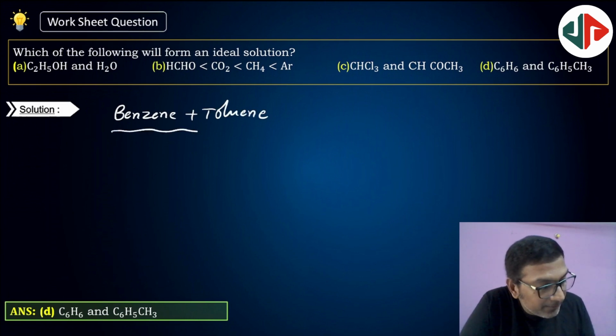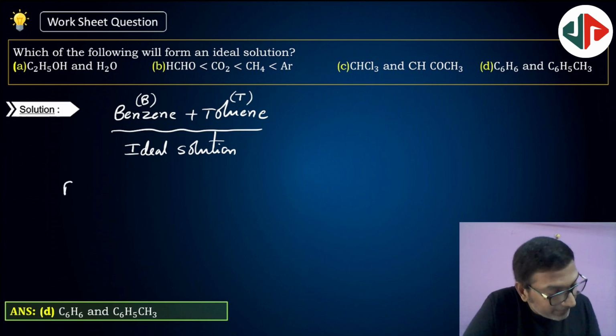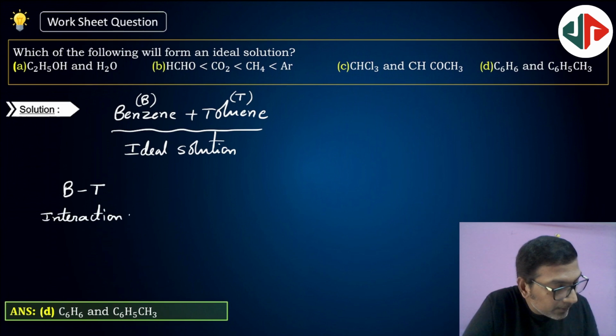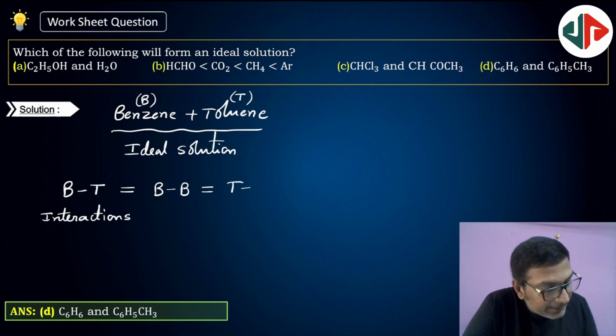Benzene is B, toluene is T. The BT interactions are equal to BB interactions and TT interactions.